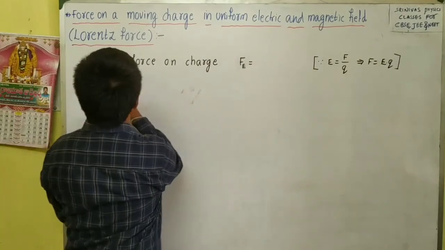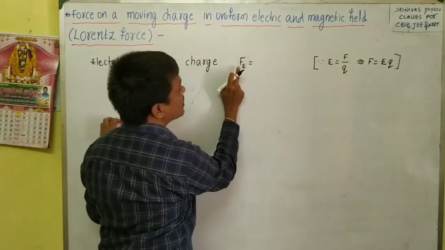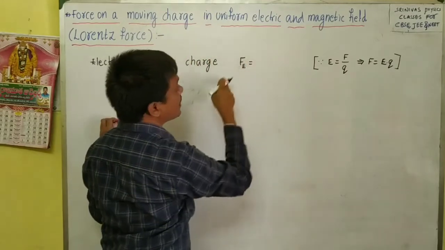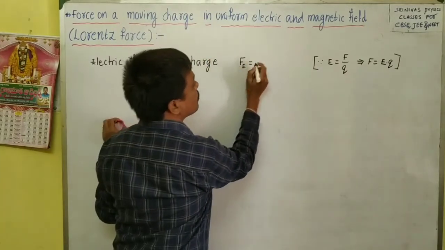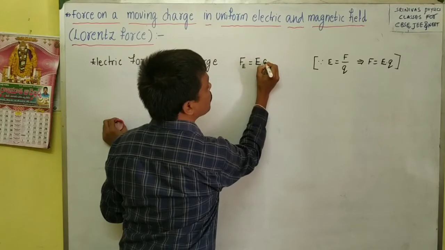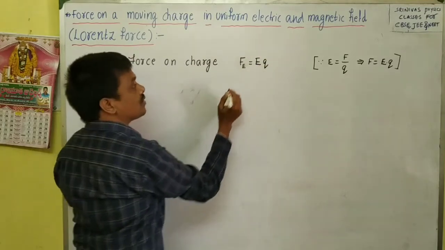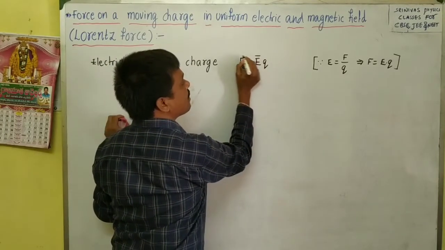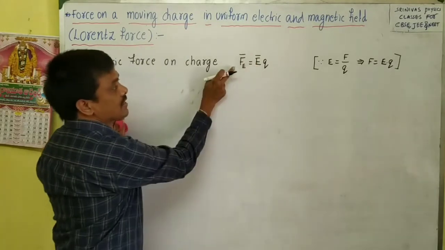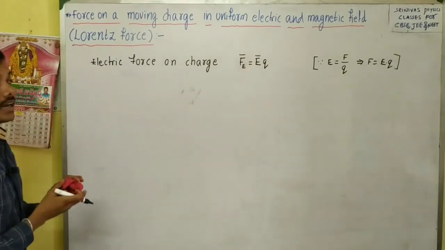Okay, when the charge is in the electric field, it will experience this force. The electric force is equal to E into Q. If you want to express it in vector form, we write F bar E equals E bar Q, where the suffix E indicates electric force.